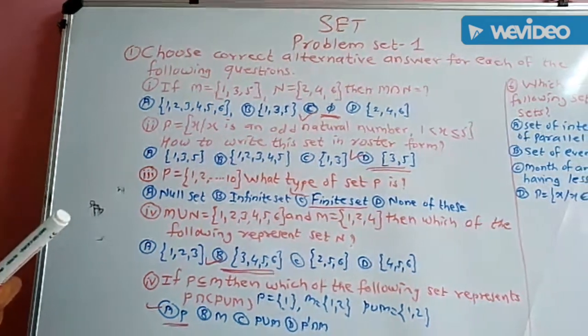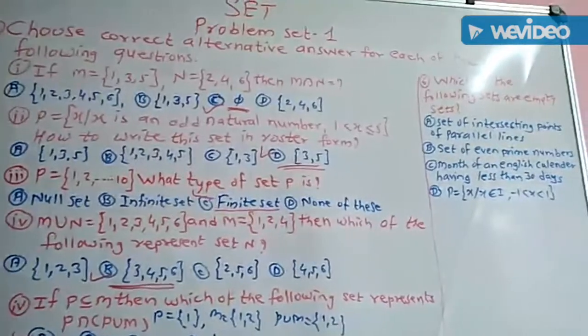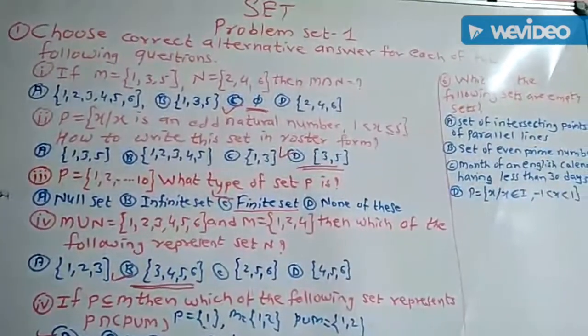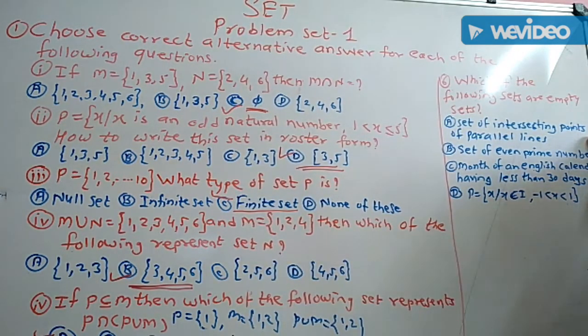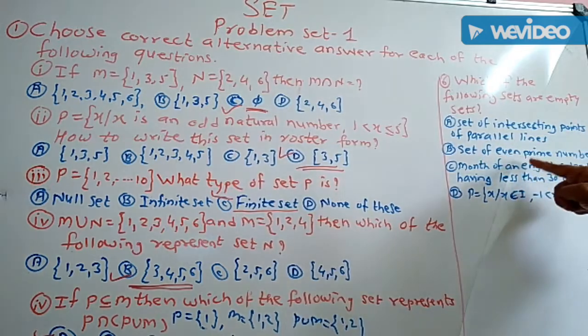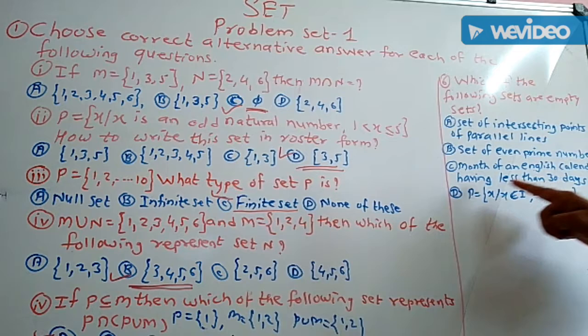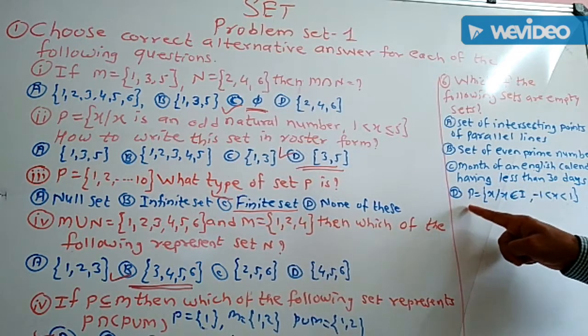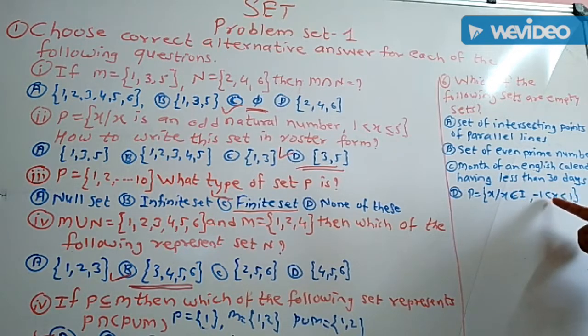Then the sixth example is given. Which of the following sets are empty sets? Set of intersecting points of parallel lines, set of even prime numbers, set of months of an English calendar having less than 30 days, and P is the set of x such that x belongs to the integers and x is greater than -1 and less than 1.